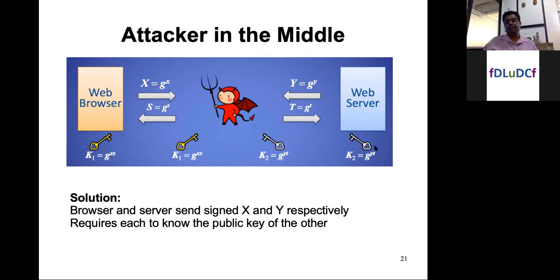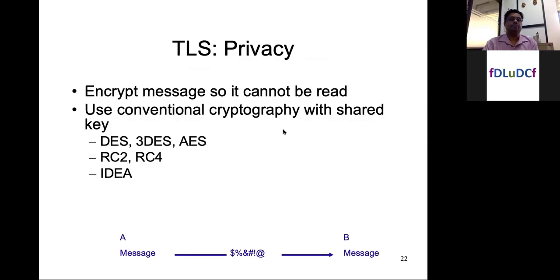That means only that party can alter this message. So if someone else alters it, the browser or web server can detect that. So today we usually use Diffie-Hellman key exchange with digital signatures to do the key exchange in the web system. Right.